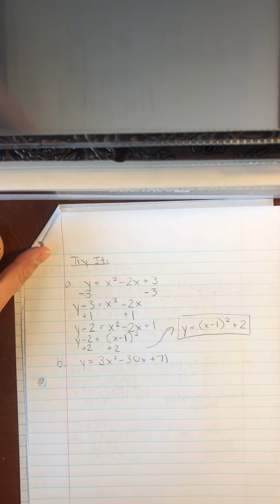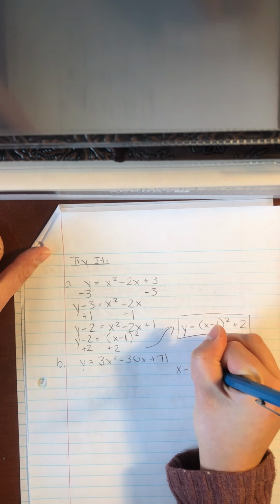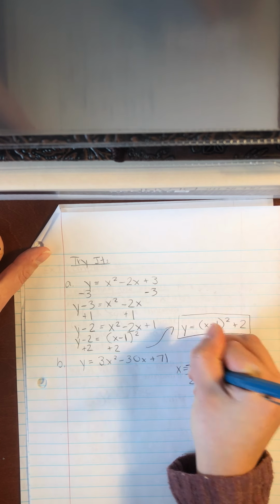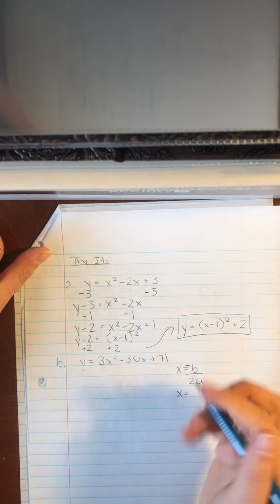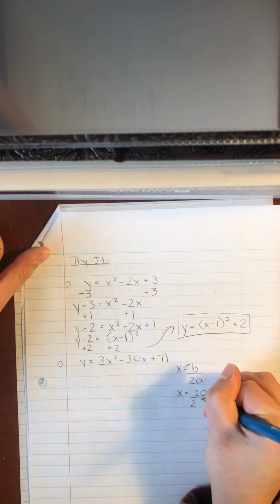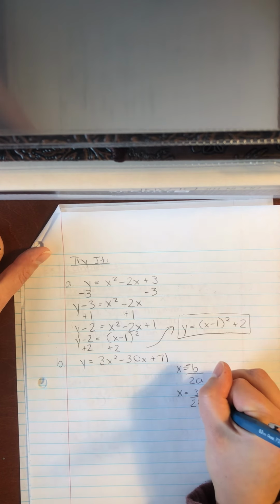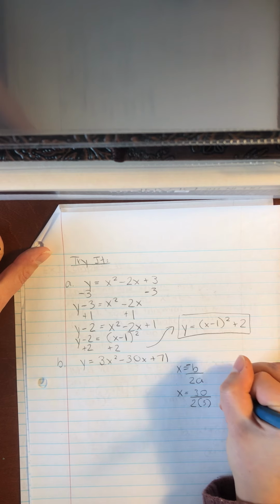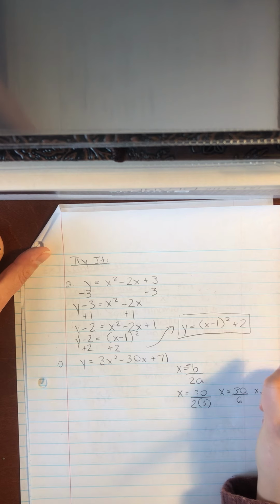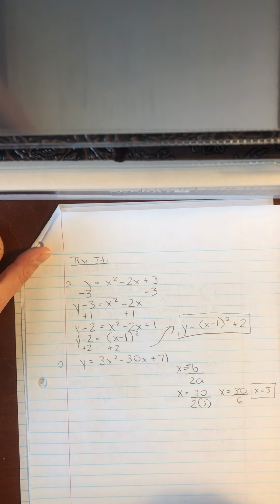So for this one, we're going to do x equals negative b over 2a. So x equals, negative b, that's positive 30 over 2 times a is 3. So x equals 30 over 6. So x equals 5. To find our y value, we're going to plug this back in.